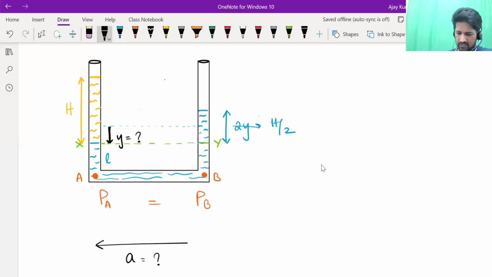Good that both of you gave the answer that it should be accelerated to the left. Derive the horizontal acceleration such that the total liquid level becomes equal in both arms.